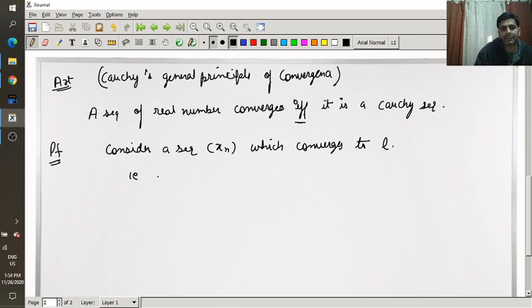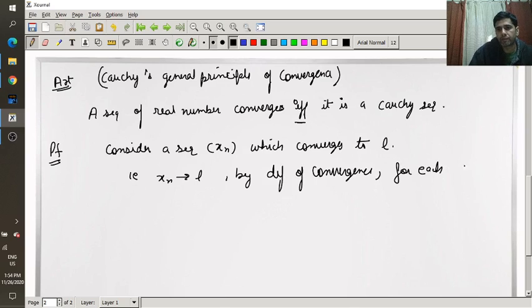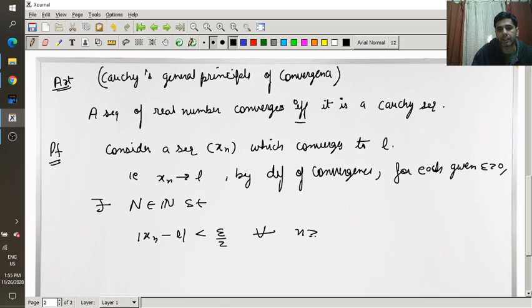That is xn is converging to L. So by definition of convergence, for each given epsilon greater than 0 there exists a natural number N such that |xn minus L| is less than epsilon by 2 for all n greater than or equal to capital N. So I have written here epsilon by 2.